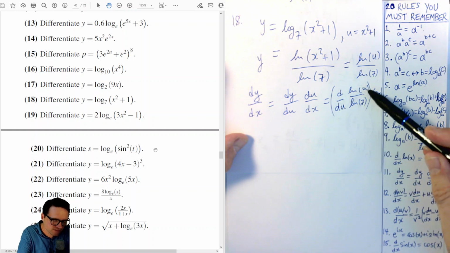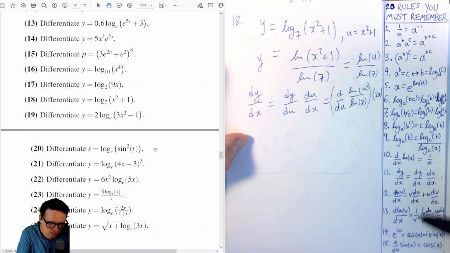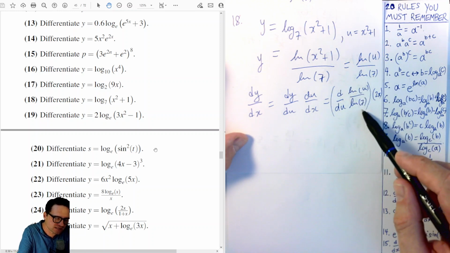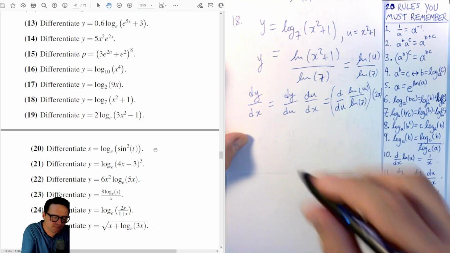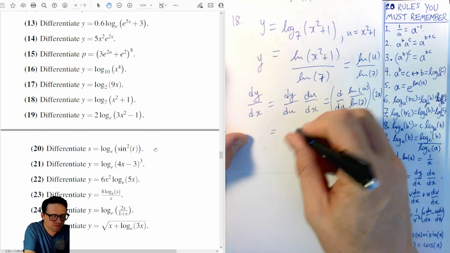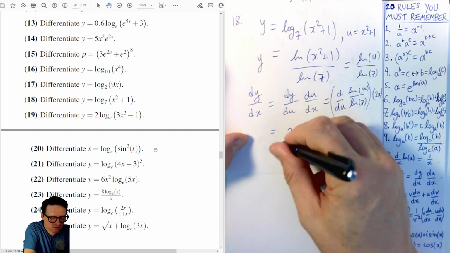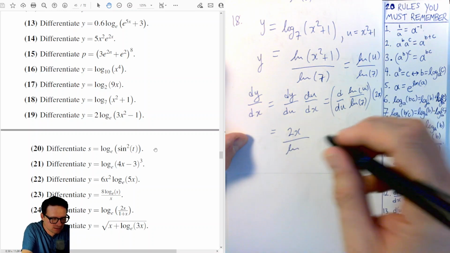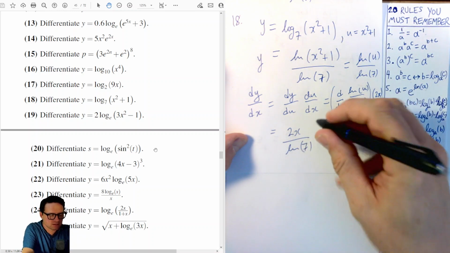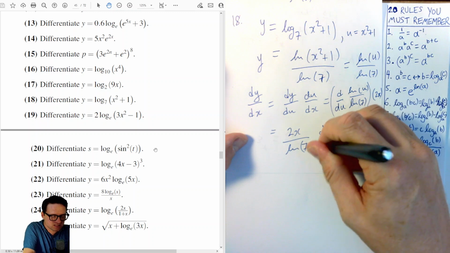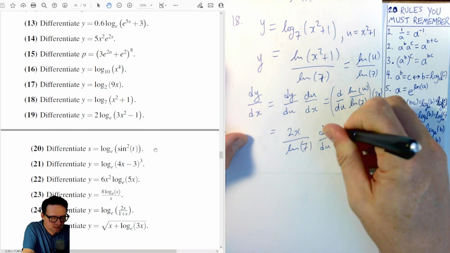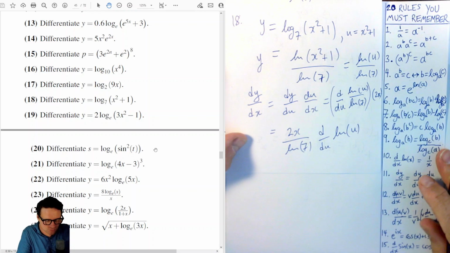Okay, now the derivative of ln u with respect to u using rule number 10 is 1 on u, and the 1 on ln 7 can go through that operator. So we have 2x over ln 7 times d on du of ln u, which is 1 on u.